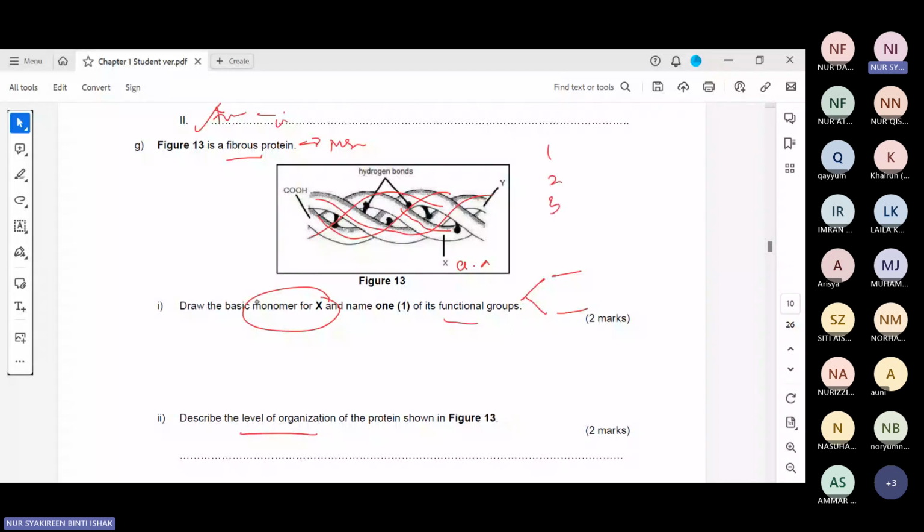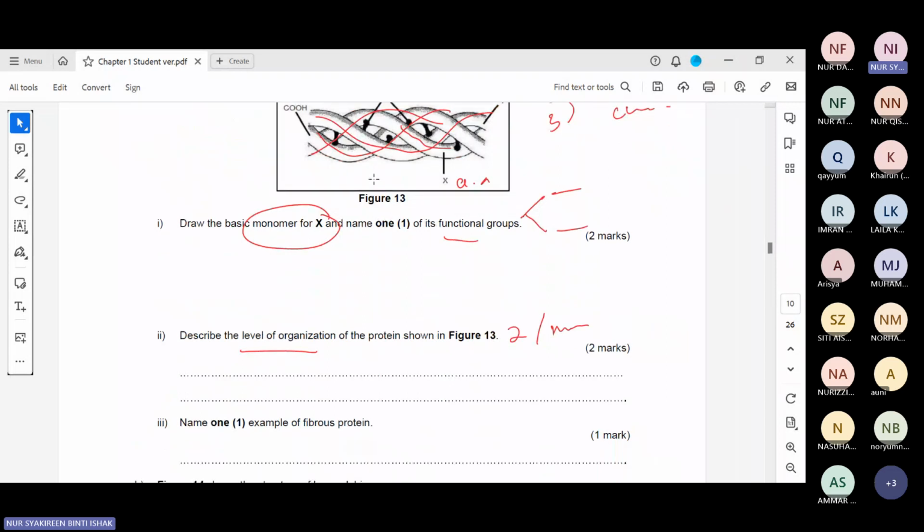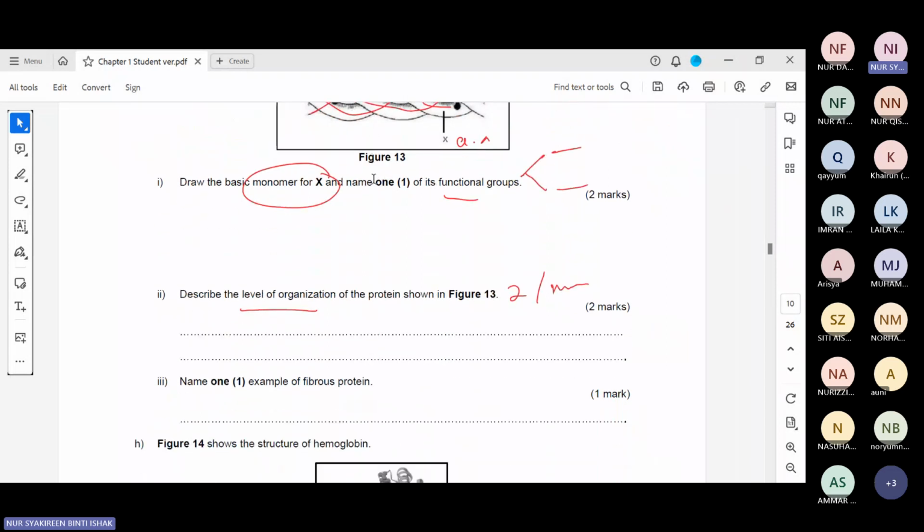Primary, secondary, tertiary, it involves only one polypeptide chain. Okay, tapi kalau quaternary, 2 atau lebih. Okay, 2 or more. Okay, so name one example of fibrous protein. Kalau dalam diagram ni, collagen lah. Collagen, keratin, kan. So those are example of fibrous protein.